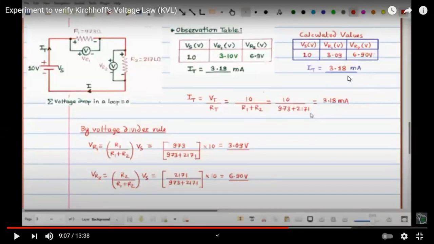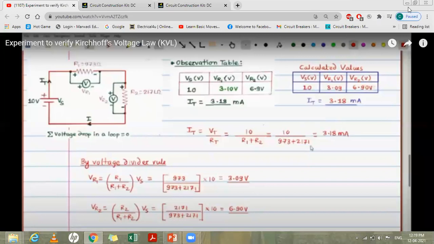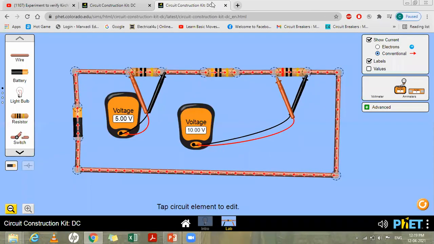So again we are getting almost the same values in calculation as well as measurement. So I think all of you have the idea about how we will do this experiment by using the testing kit or experiment kit as well as in simulation.